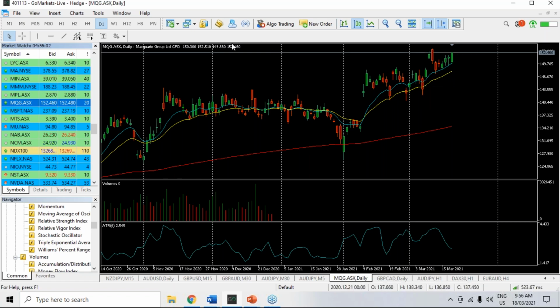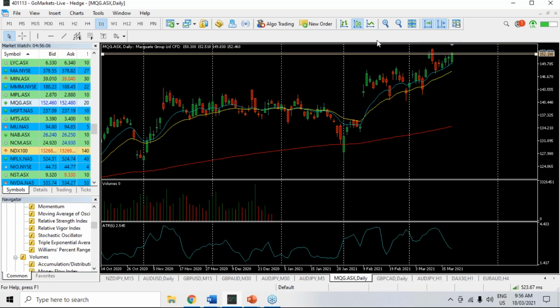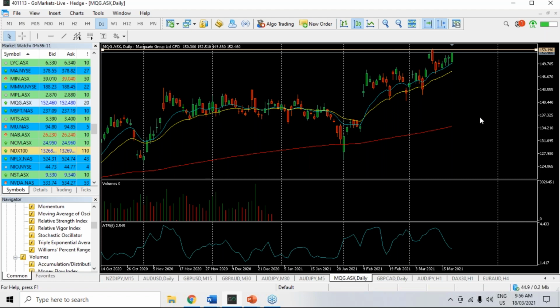It's 152.46. So I think when we met last time, we suggested that's the aggressive entry. The more conservative entry would be a move over 153.19, simply because that was intraday highs. But undoubtedly, you can see the momentum coming into this and looking pretty strong going forward.